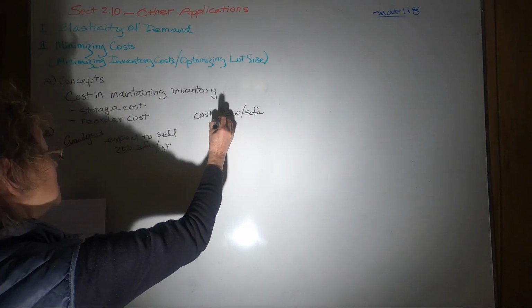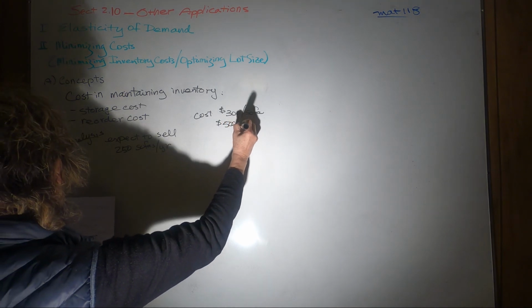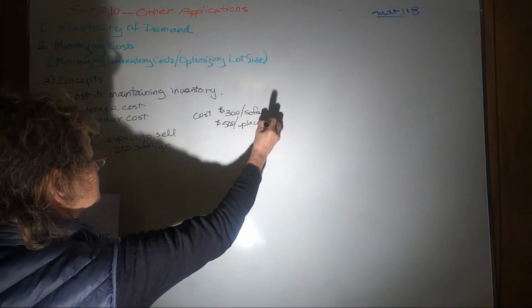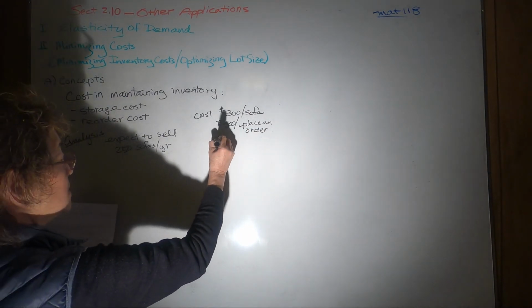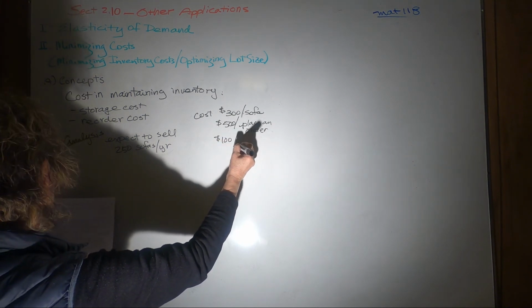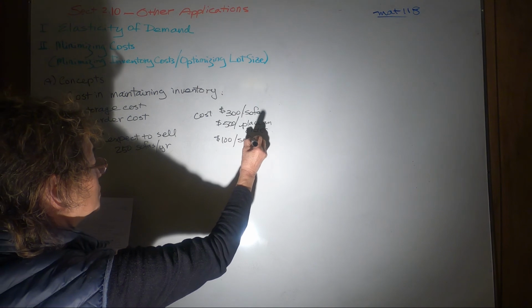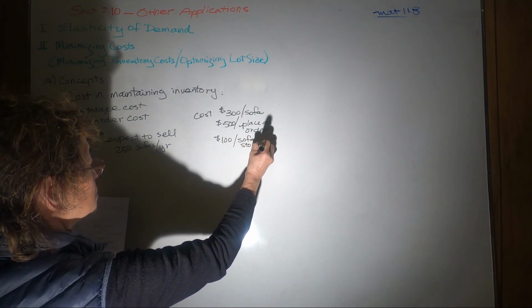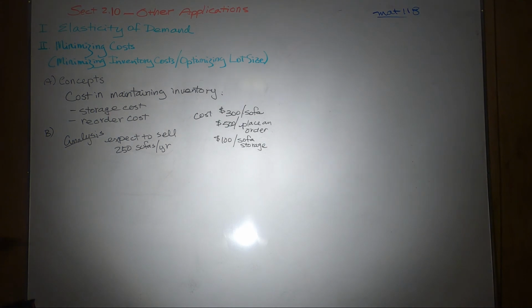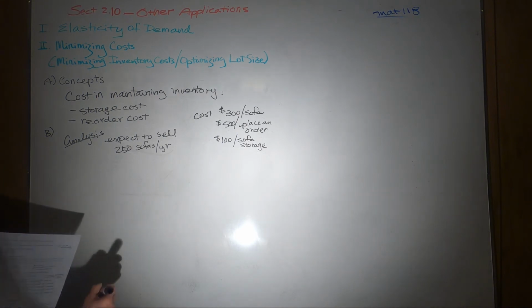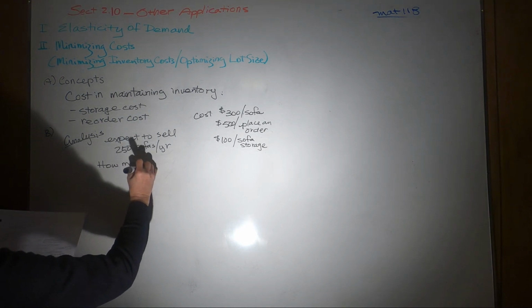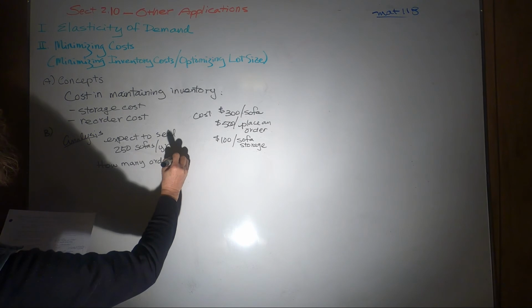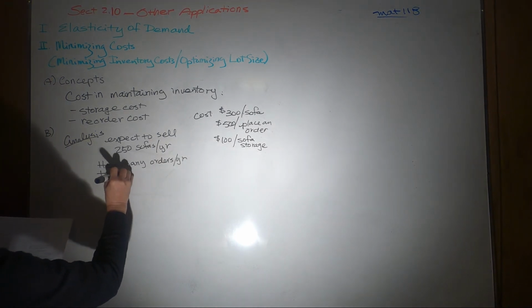Then $500 for placing an order, right? But if you order the sofa in, it will cost you what? For the storage for each sofa, right? So the owner wants to decide how many orders per year to be placed.